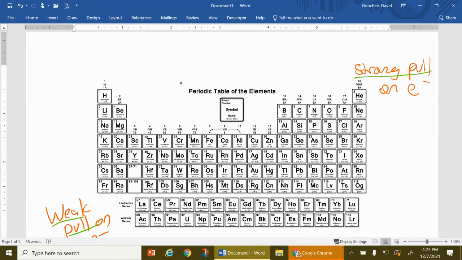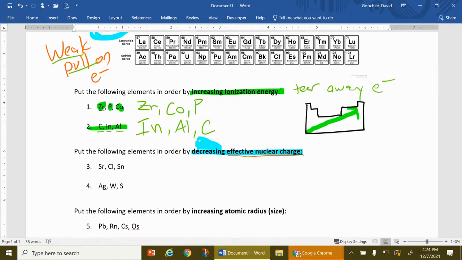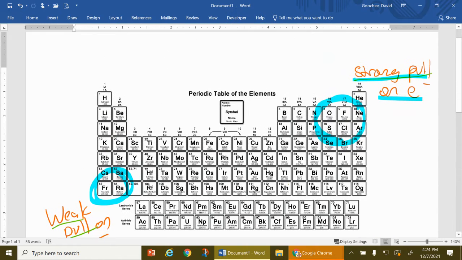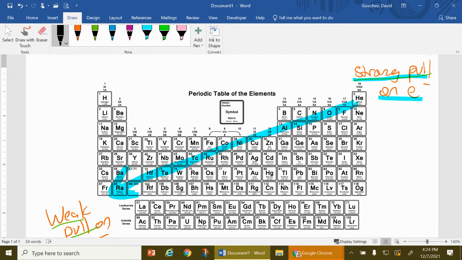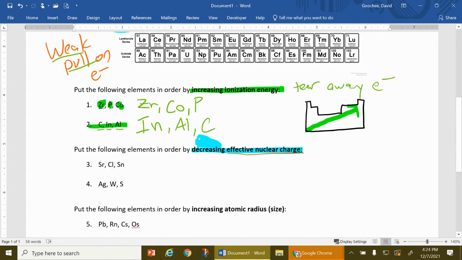That strongest pull on outermost electrons is up here in the upper right. It's weakest down here in the lower left. So if we're decreasing by effective nuclear charge, we are going from the top right to the bottom left. Again, you don't need to draw this on your periodic table.